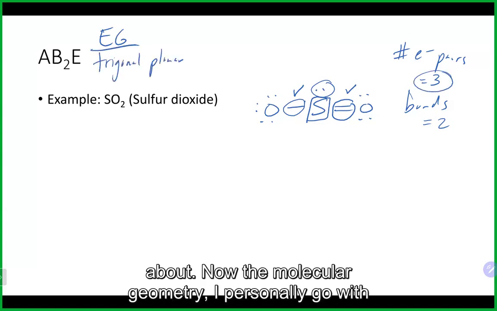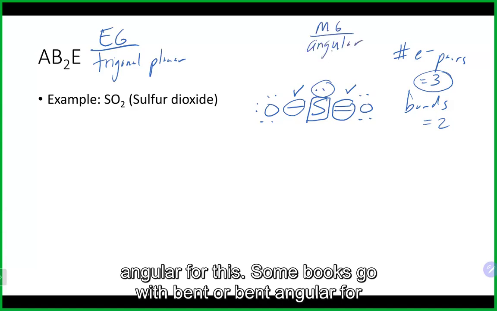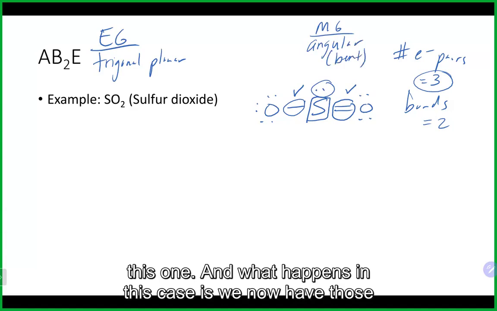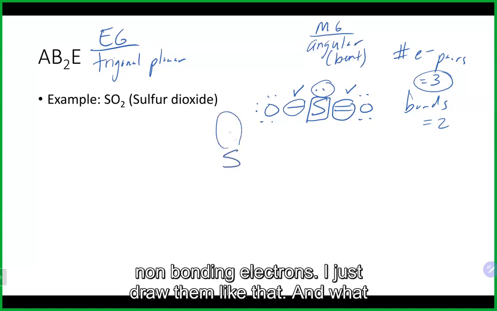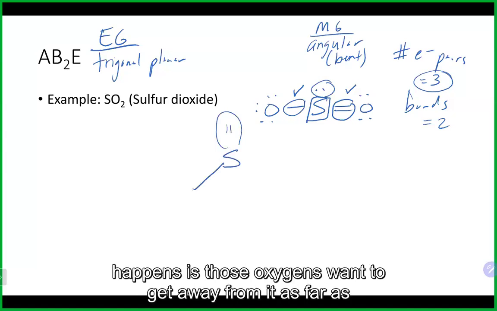Now, the molecular geometry, I personally go with angular for this. Some books go with bent or bent angular for this one. And what happens in this case is we now have those non-bonding electrons. I'll just draw them like that. And those oxygens want to get away from it as far as possible.